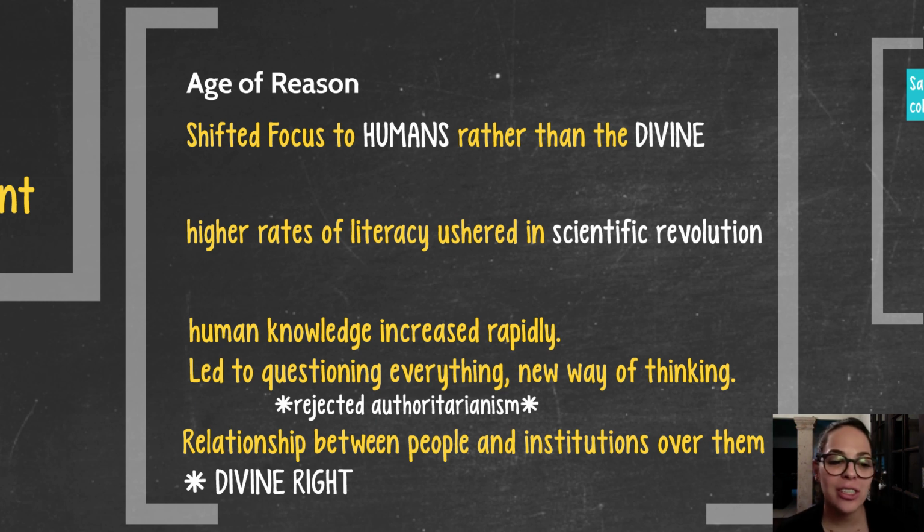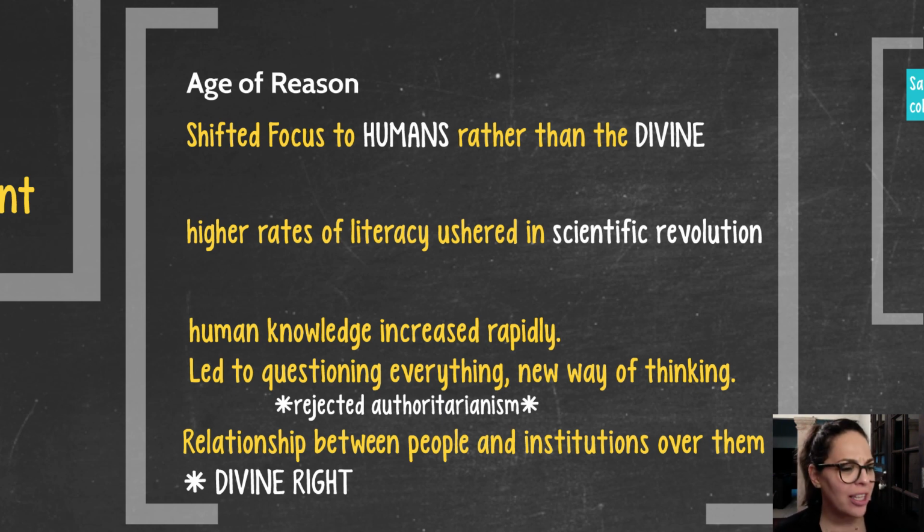You didn't question if they changed their religion, and now all of a sudden you go from being Catholic to being Protestant to being Catholic again. I mean, you basically did what the king told you.